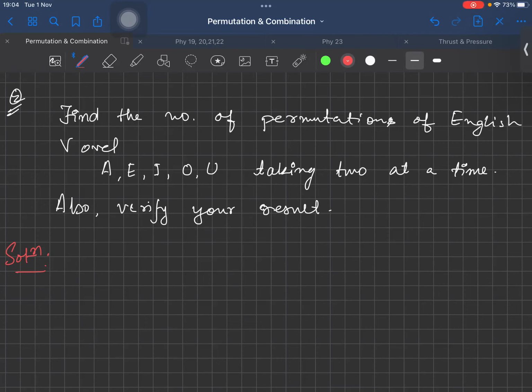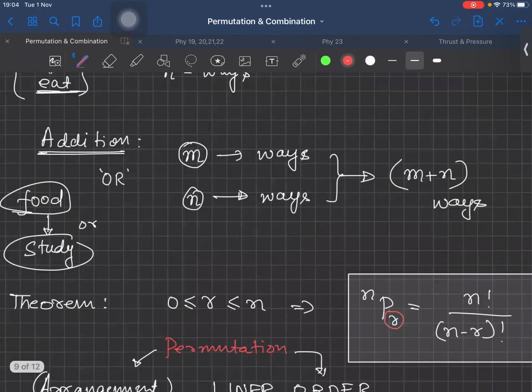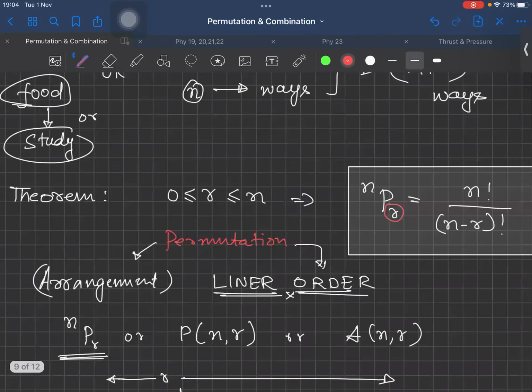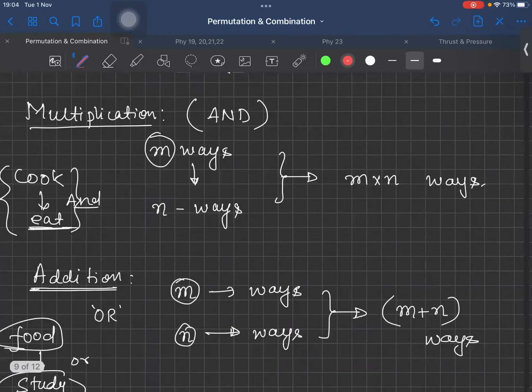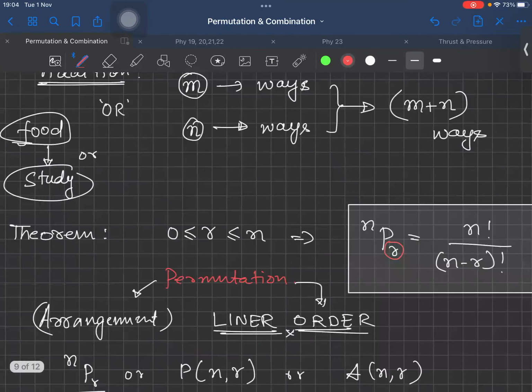See, what is nPr? Where have I written nPr? Okay, what is this nPr? See, this is the number of permutations of n events taking r at a time.